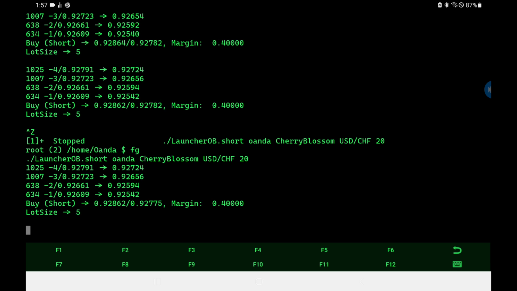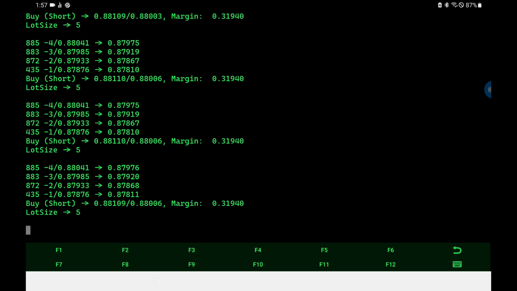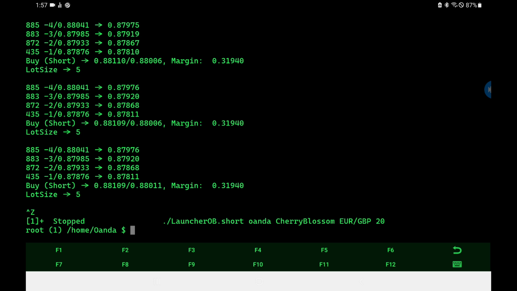Okay, so let's go to the next bot. Same thing, we'll stop it. This is Euro GBP, Euro British Pound. Same thing, we have 31 cents of margin in use.